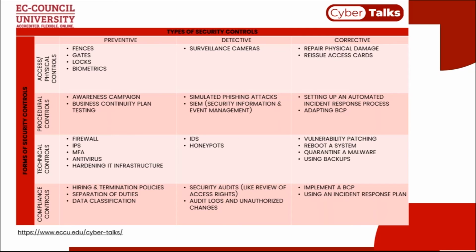Then detective controls are security audits, like reviewing access rights. Like I said before, if nobody is looking at the apprentice's access rights, he will just keep them forever. So from time to time, somebody should validate whether those access rights are still used, and if not, they have to turn them off or deactivate them. Audit logs and unauthorized changes are also important.